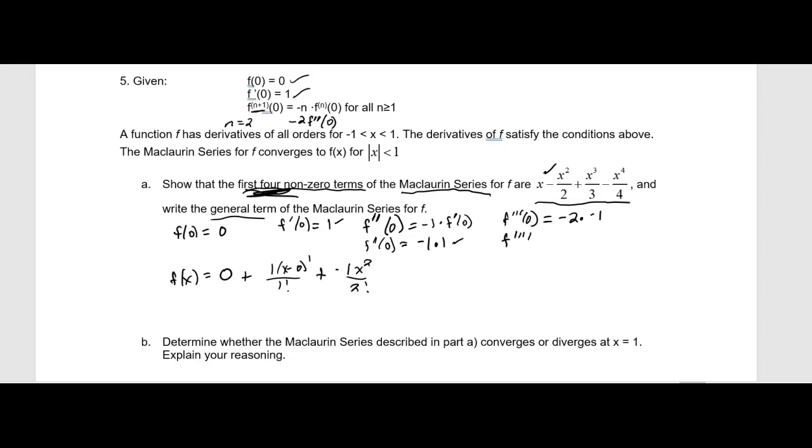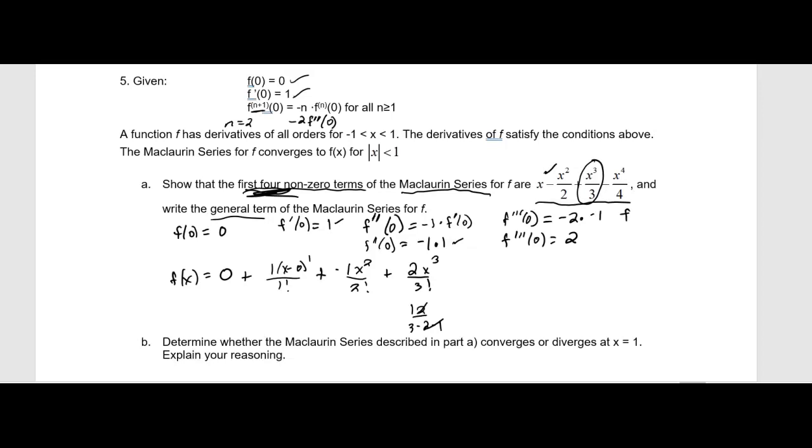So f triple primed of 0 was a +2. So we'd come over here, we would have a +2 initially, and then we would do x cubed over 3 factorial. Think about that. That would be 2 over 3 times 2 times 1. So the 2s will cancel, and you're just left with a 1/3, like we are supposed to have for this term.